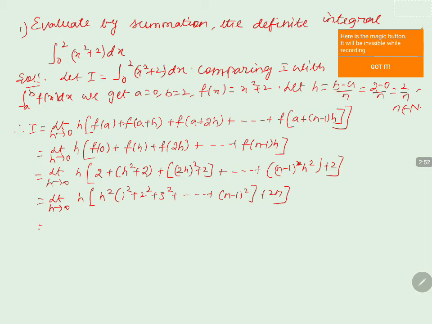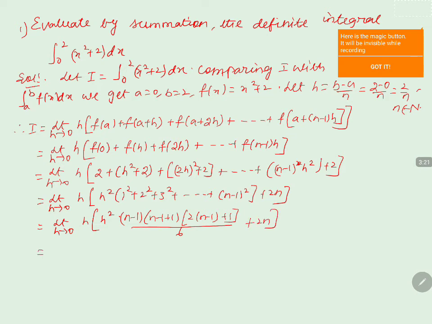Then we'll write it as limit h tends to 0, h into [h square into, we'll apply the sum of the squares up to (n minus 1) whole square terms, that is (n minus 1) into (n minus 1 plus 1) into (2 into (n minus 1) plus 1) by 6, plus 2n].